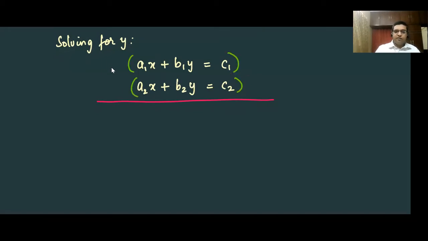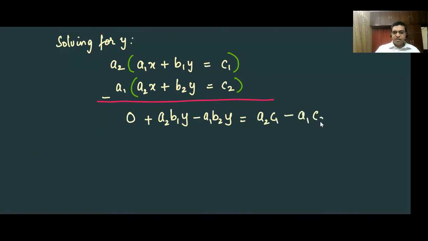We multiply the first equation with a2, the second equation with a1, and subtract. When we do so, a1 a2 x cancel, and we get a2 b1 y minus a1 b2 y equal to a2 c1 minus a1 c2.